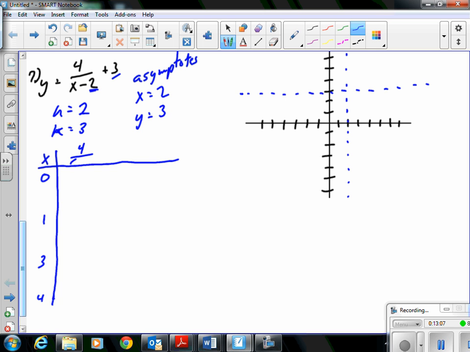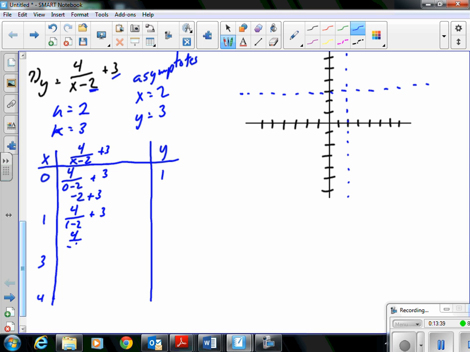4 over x minus 2 plus 3. So if we got a 0 there, it's going to be 4 over 0 minus 2 plus 3, or 4 over negative 2, which would be negative 2 plus 3, which gives us a 1. Put in a 1 there, we got 4 over 1 minus 2 plus 3, or it's 4 over negative 1 plus 3, or negative 4 plus 3, which would be negative 1.